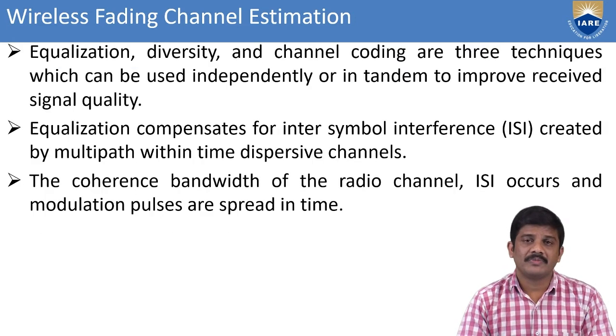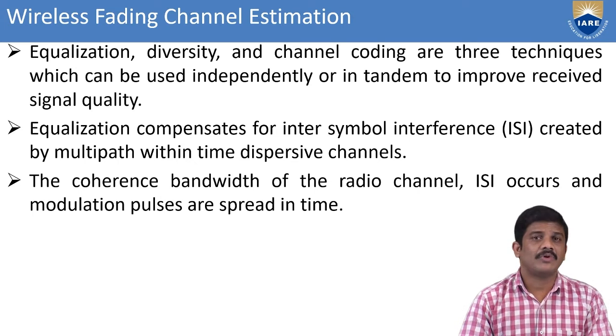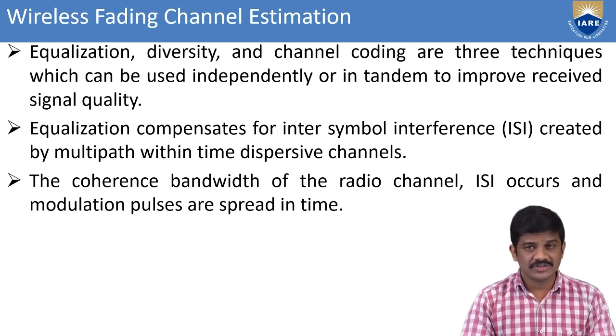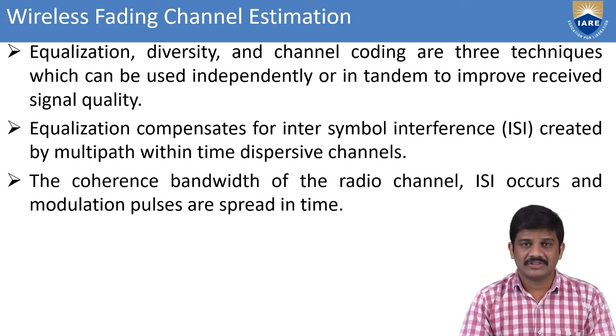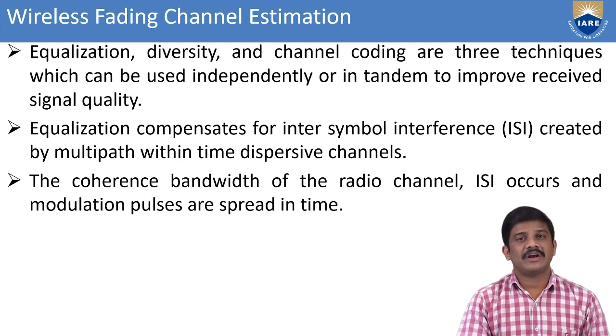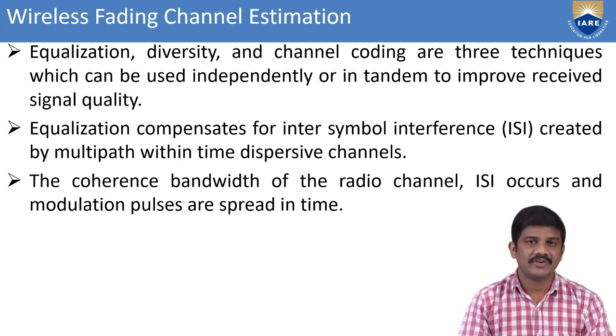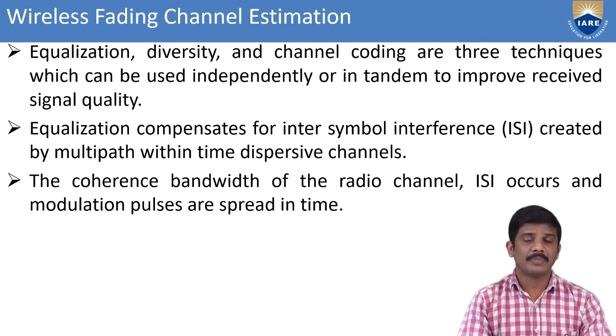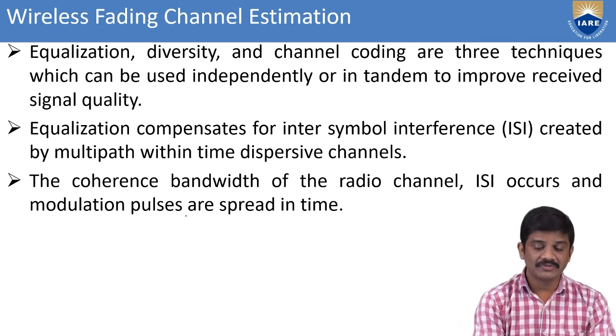Coming to the wireless communication system, we have some propagation. What is propagation? It is the transmitted signal going from the transmitter to the receiver. From the transmitter to receiver we have some propagation models: line of sight and non-line of sight, LOS and non-LOS.